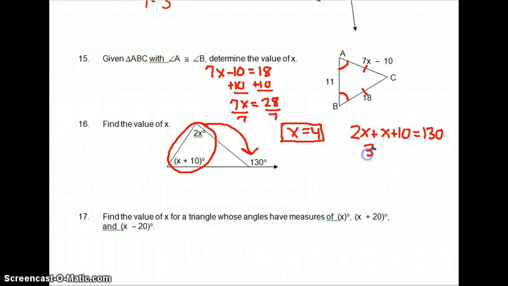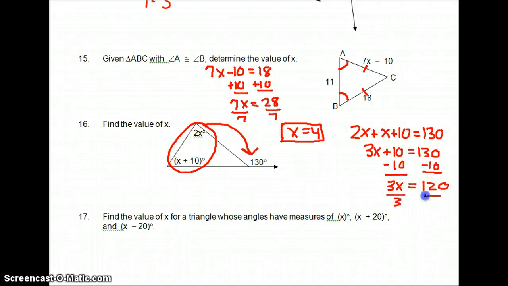Combine like terms, we've got 3x plus 10 equals 130. Minus 10, 3x equals 120, divide by 3, x equals 40.